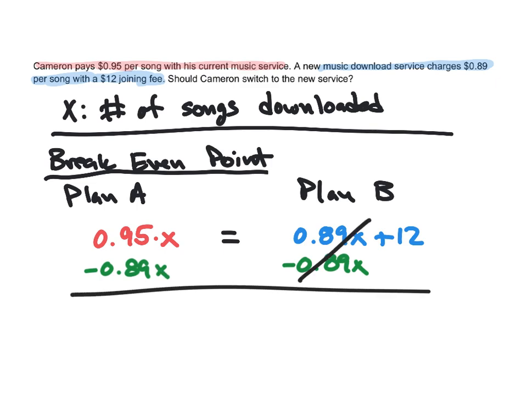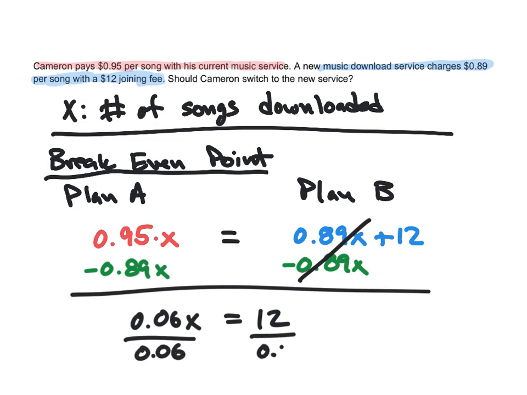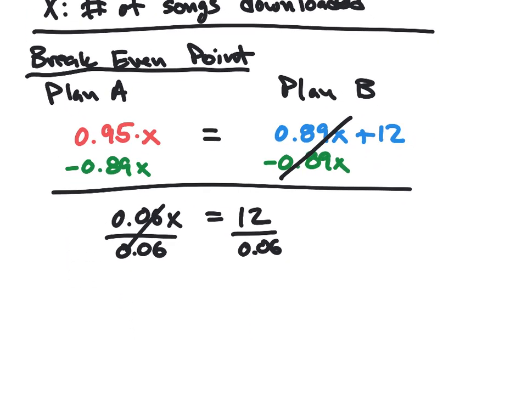And then that's going to end up giving me 0.06x is equal to 12. And I can now divide by 0.06, and from here, if I take 12 and divide it by 0.06, I get x is equal to 200.